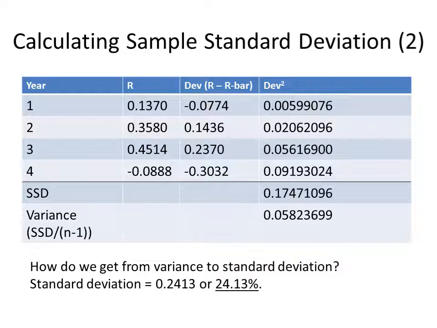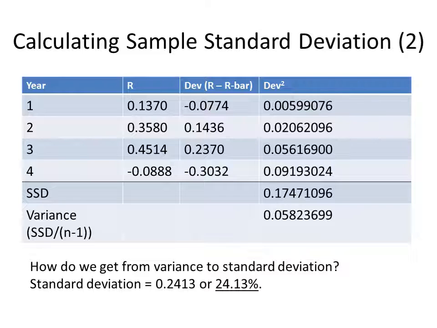Okay, now that we have the mean, we can start calculating the deviations. Notice that I've dropped the percentages. We're only going to deal with decimals. We'll convert back to percentages at the end. We can calculate each year's deviation from the mean by taking that year's return and subtracting the mean return.